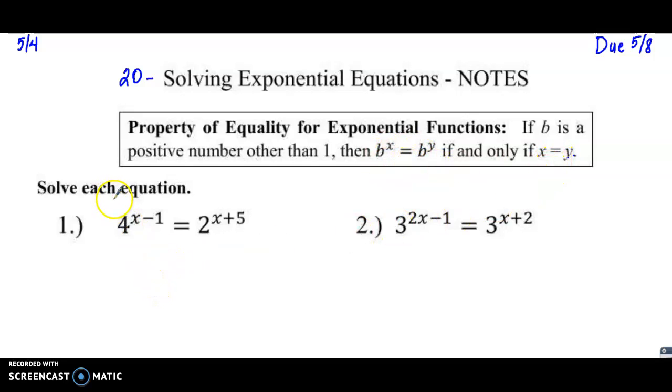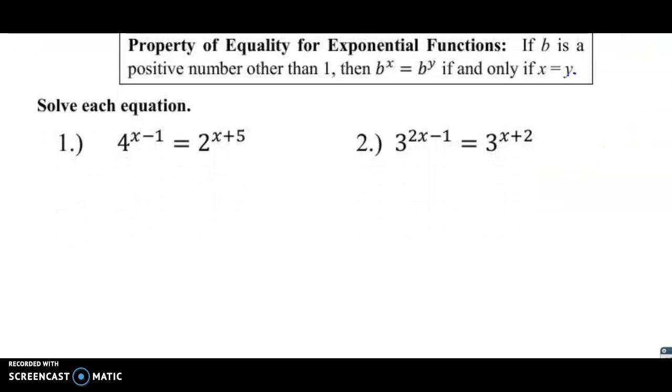So what we want to do with our examples is look at the bases that we have. Notice I have a base of 4 and a base of 2. They're not both the same, and they have to both be the same number b. So we want to see if we can turn one of those bases into the same base. If you recall, 4 is the same as 2 squared.